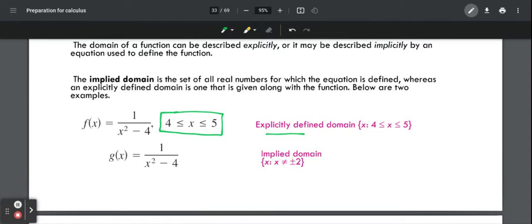The implied domain would be, since we have x squared minus 4 in the denominator, we know that x can't be 2 or negative 2. So the implied domain is the most general domain. An explicitly defined domain is when they become specific about just part of that whole domain that you're able to use.